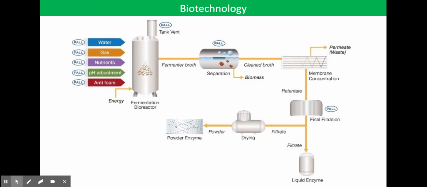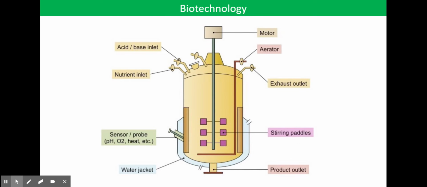A fermenter must first be sterilized using superheated steam. It can then be filled with all the components required for growth and supplied with a starter culture of the microorganism to be used. The culture will be left to grow and synthesize the product.